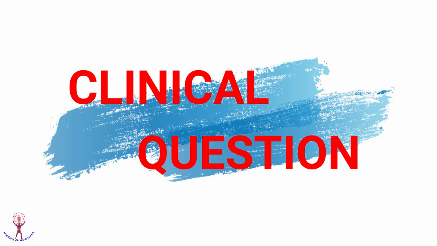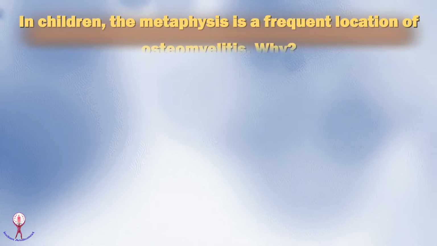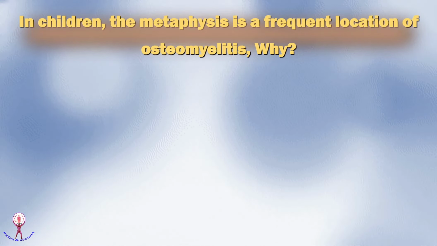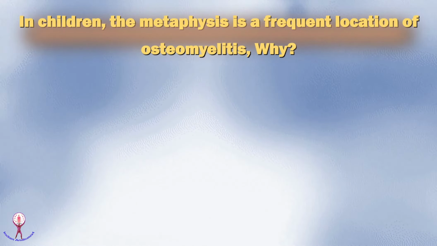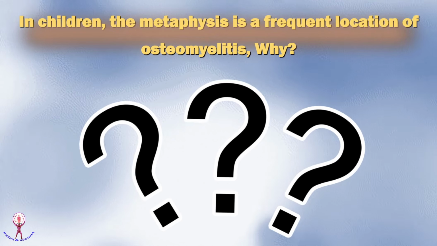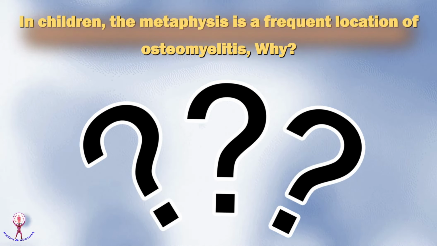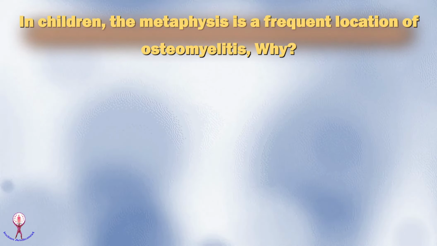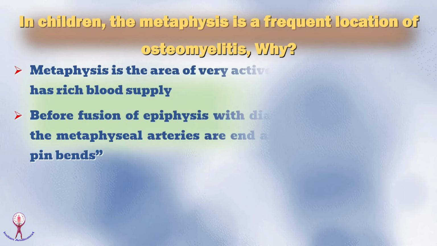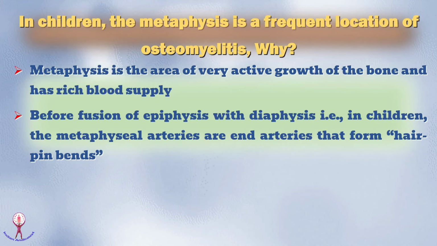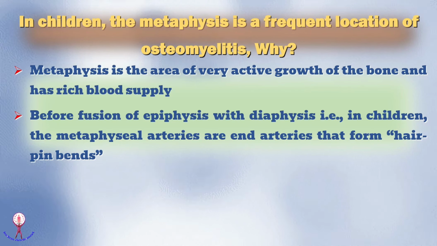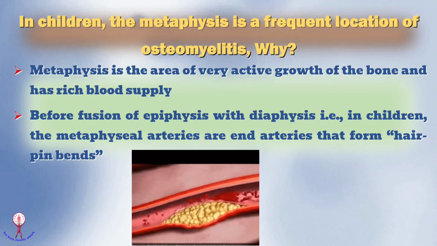Dear students, one clinical question to you all, related to blood supply of long bone. The question is, in children, the metaphysis is a frequent location of osteomyelitis. Why? Osteomyelitis means inflammation or infection of bone. Metaphysis is the area of very active growth of the long bone and has a rich blood supply.